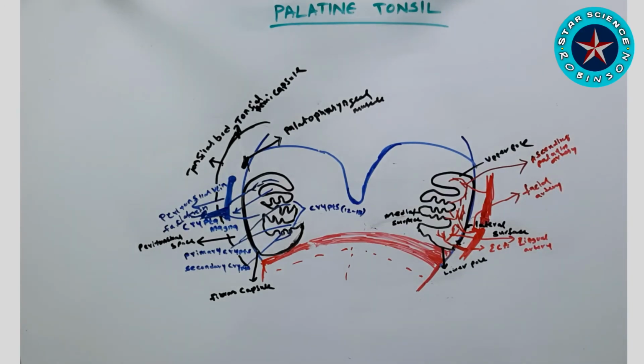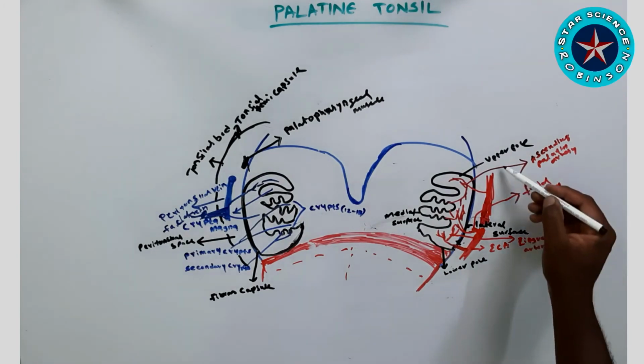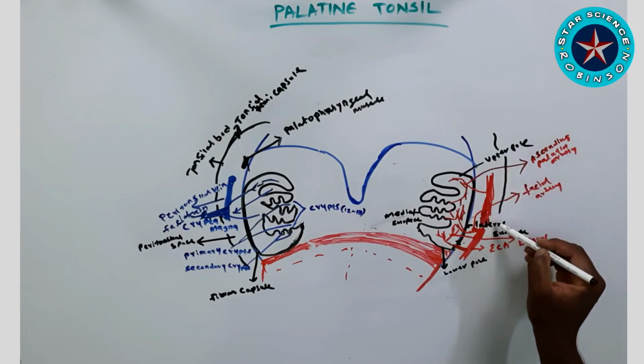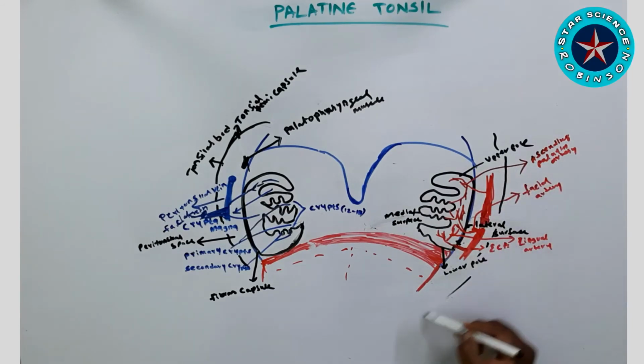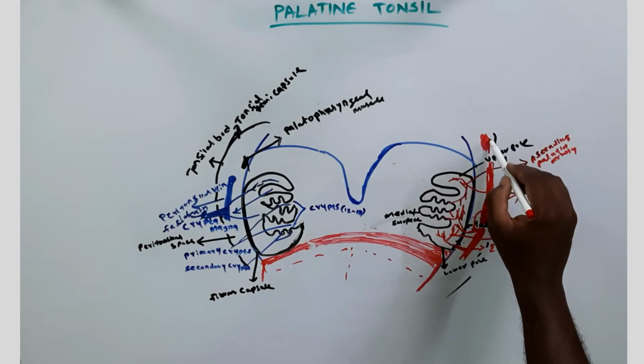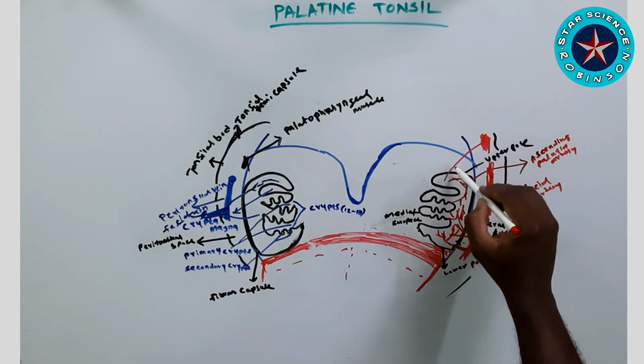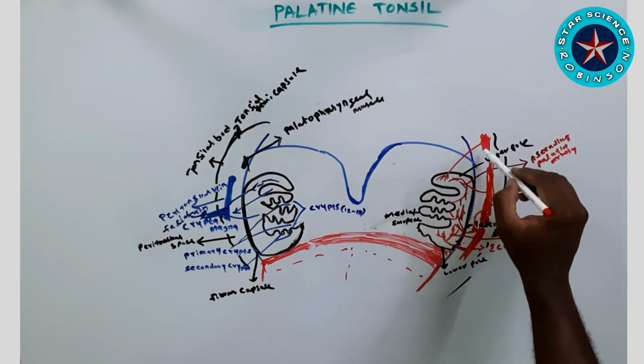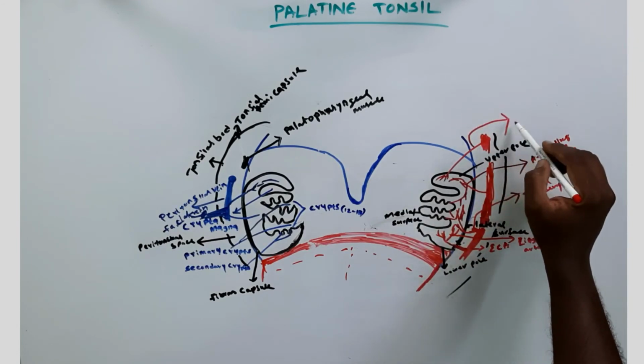After giving a branch to the palatine tonsils, the external carotid artery goes up again and moves forward, and when it goes upward, another branch arises, which is called the maxillary artery.